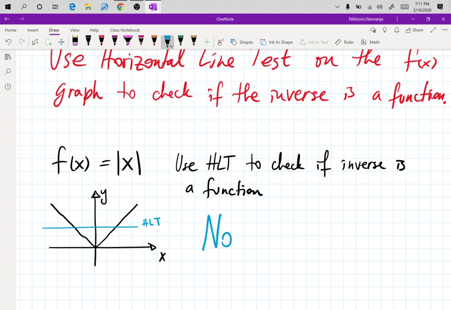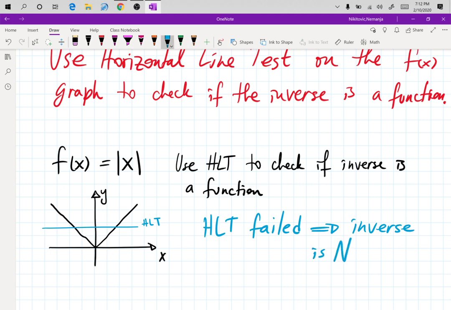No. Right? So, let's do it this way. HLT failed. Right? Horizontal line test failed. That means the inverse is not a function.